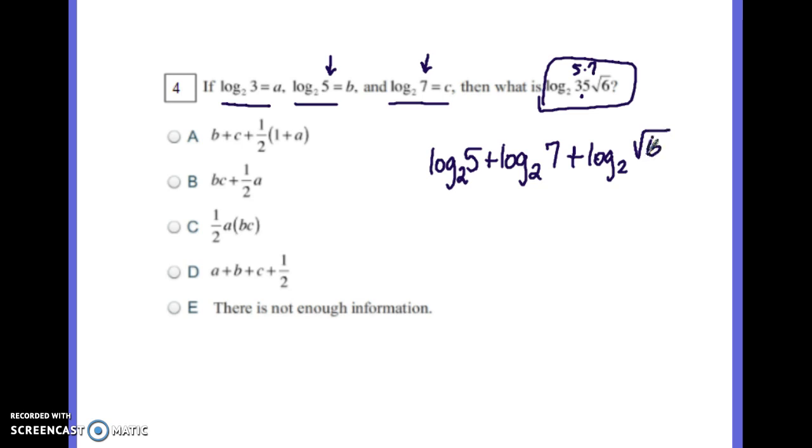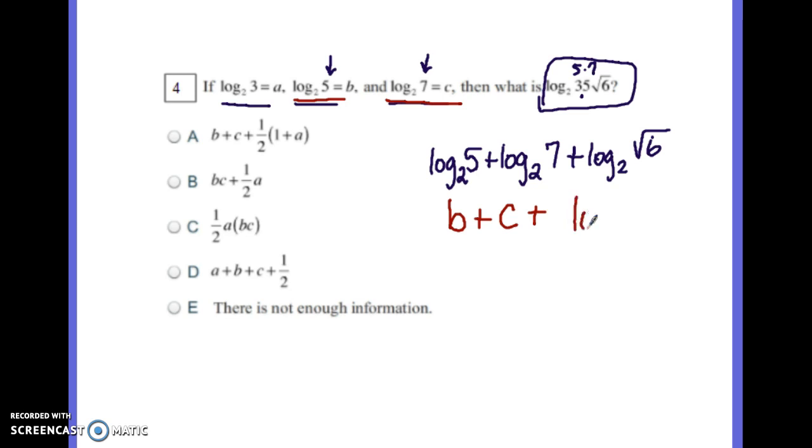As we continue to simplify, log base 2 of 5 is right here, so that's B. Log base 2 of 7, that's right here, so that's C. But we still need to do a little work with that last logarithm.